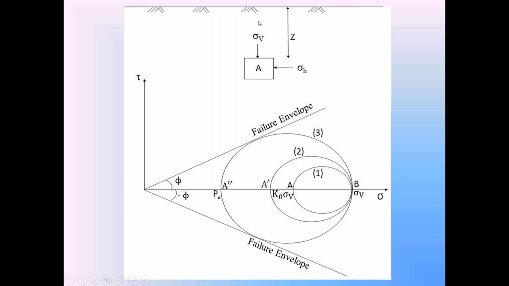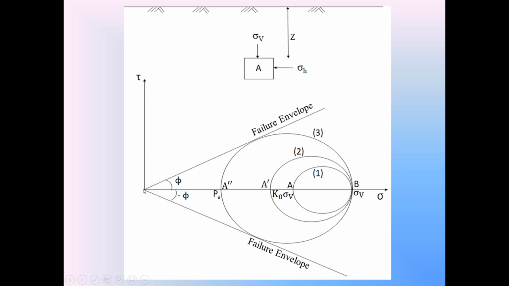So for this soil element A, in Rankine's earth pressure theory, we consider this soil element to be in rest condition. Rest condition is equilibrium condition, elastic equilibrium condition. Since this soil element is in rest condition, it is subjected to two principal stresses, sigma V and sigma H. Sigma V is the major principal stress, that is point B on this x-axis, from the origin up to this point B. The vertical stress is sigma V. This length OB is the vertical stress on this soil element.